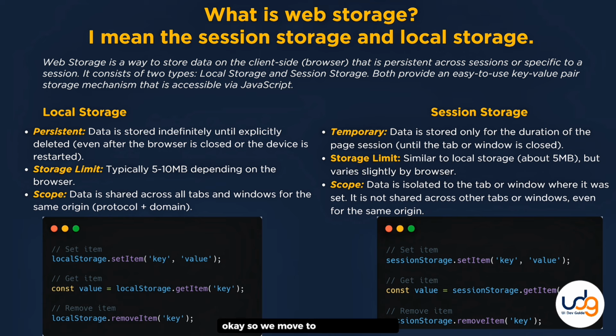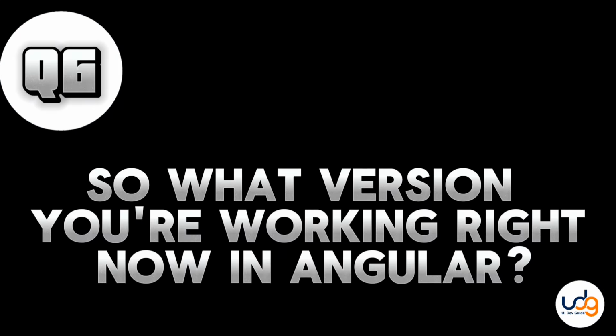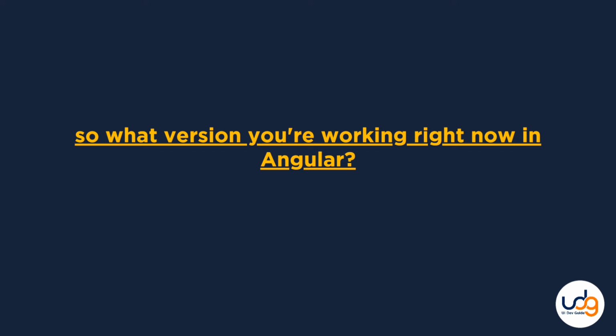So we'll move to Angular now. You have more experience in Angular, so we'll talk about more Angular now. What version are you working on right now in Angular? In our project, it is Angular 9, but I'm learning the new features from the latest versions also.